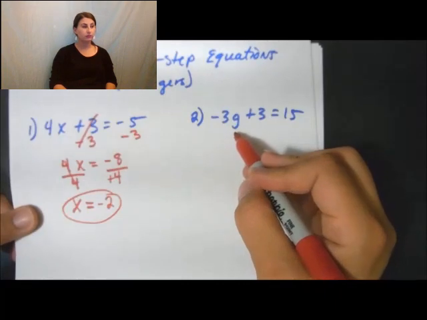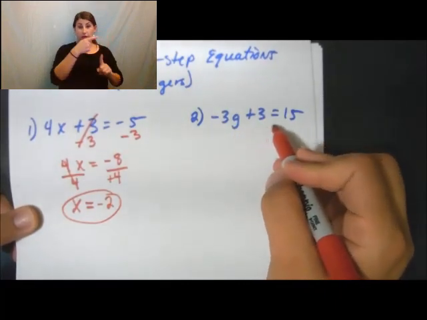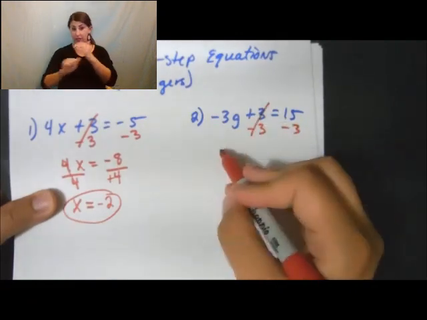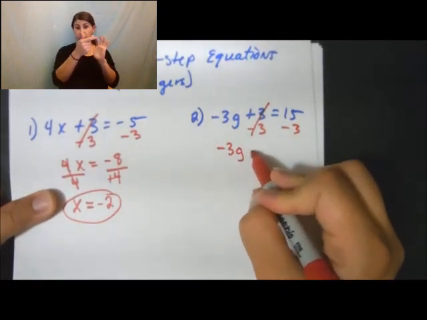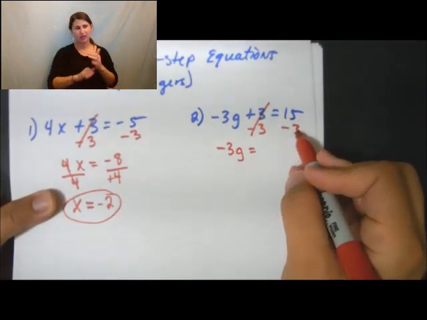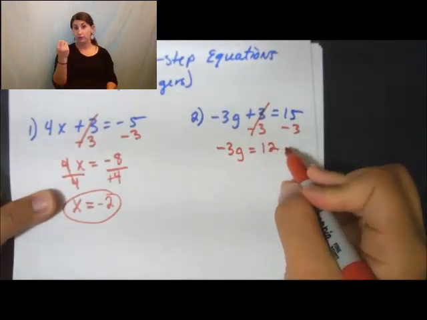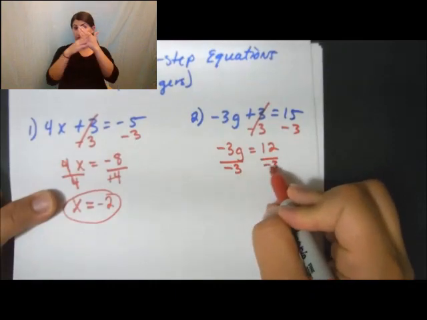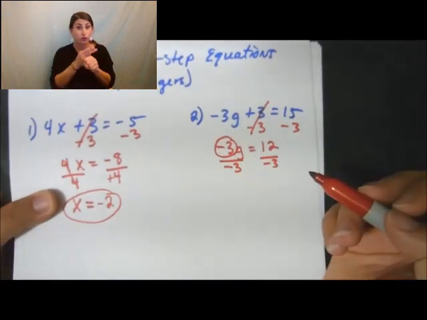All right, number 2. Have negative 3g plus 3 equals 15. So I'm going to minus 3 on both sides. I get negative 3g equals 15 minus 3 is 12. Then I need to divide by negative 3 on both sides. Take the whole number.